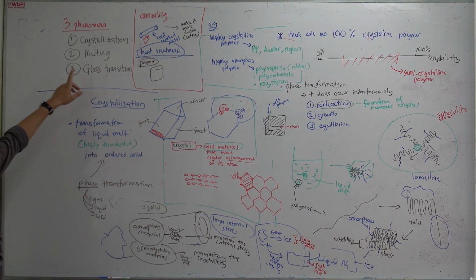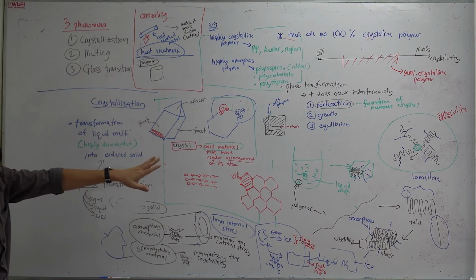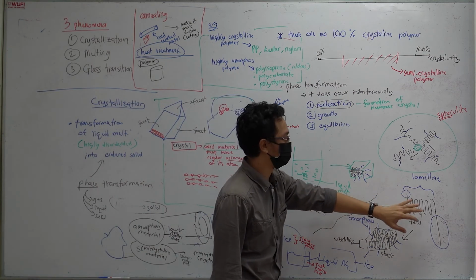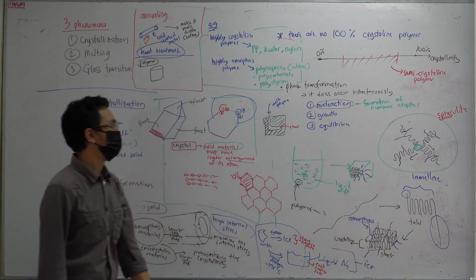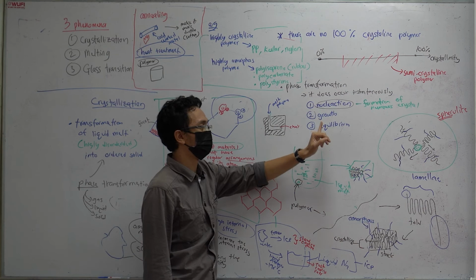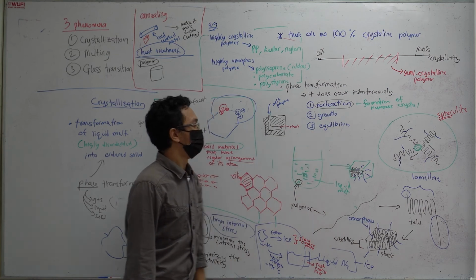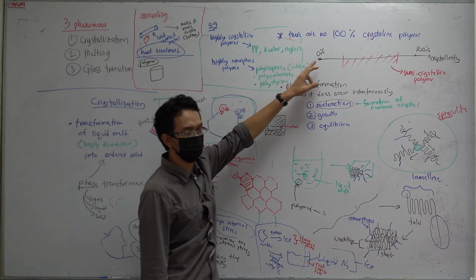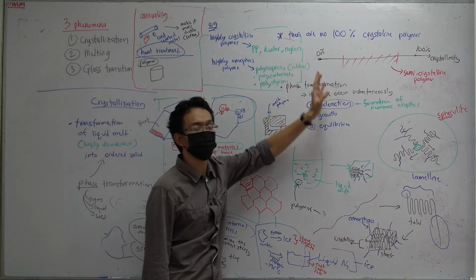So we learned about crystals. The polymer has an amorphous part and also a crystal part. We learned how the crystal grows: typically it starts with nucleation, grows, and then terminates by equilibrium. We also learned that no polymer is 100% crystalline.